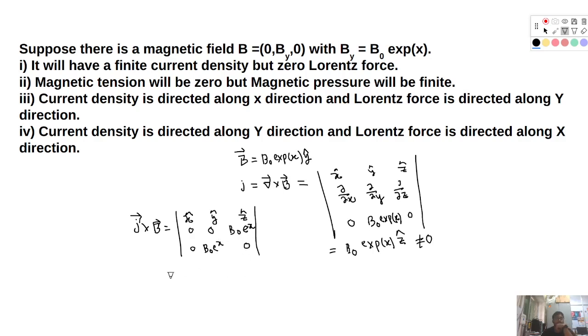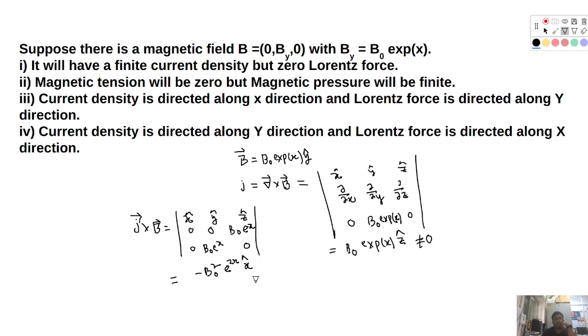Fine. So if we do this, this one is 0, and this one gives you minus B naught square exponential 2x, right? So this one is with x cap. And then y cap should have a 0, and z cap will also have 0.